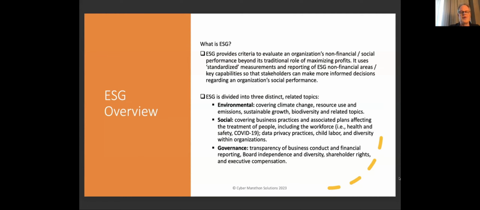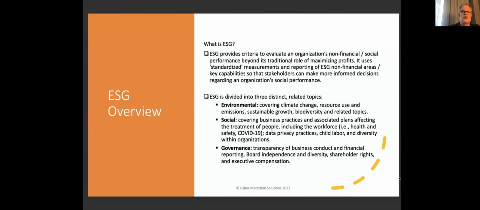So, for example, one ESG scoring platform might score a fossil fuel company as 1 out of 10, meaning that they're bad for the environment. And another one might score them as a 10 because they've made a lot of progress around solar and alternative forms of energy, and they're very much focused on doing that.